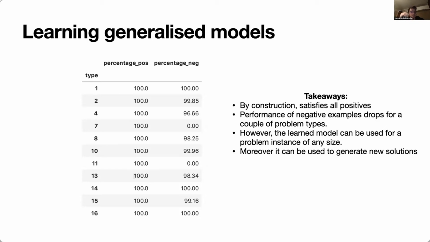If, for example, there is an all-different over just subsets of the decision variables, this is a problem that we weren't able to address in time for the challenge. But the models can be used to learn to solve problems of different sizes and generate new solutions.